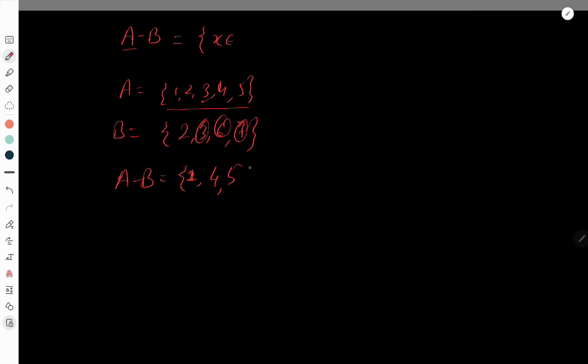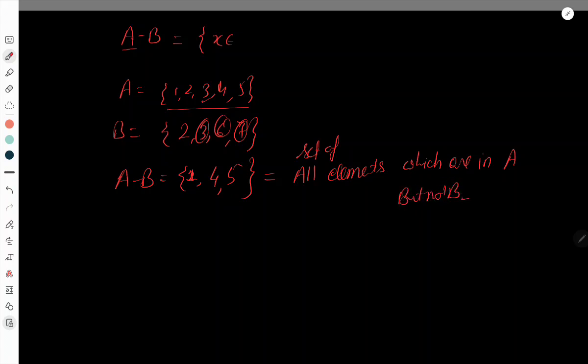From A, whatever the remaining elements are, that is A minus B: the set of all elements which are in A but not in B. So 1, 4, 5 are in A but not in B. This is the answer.